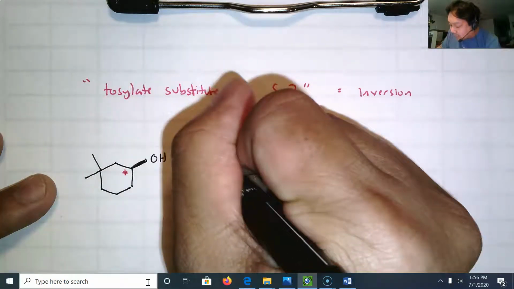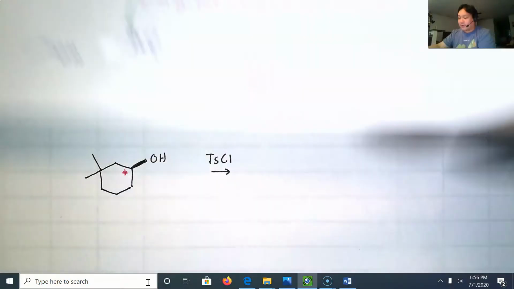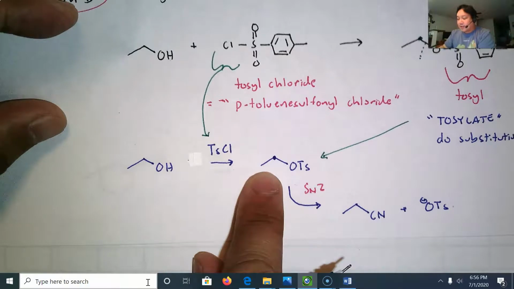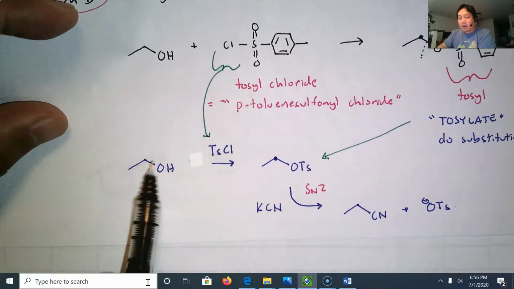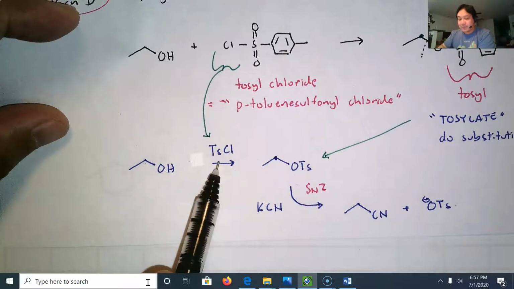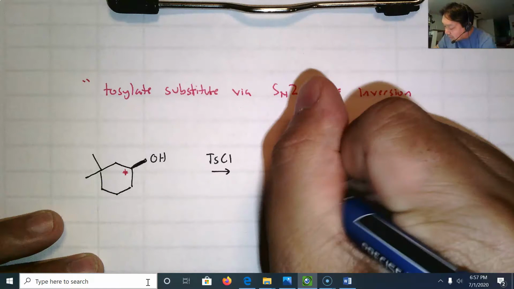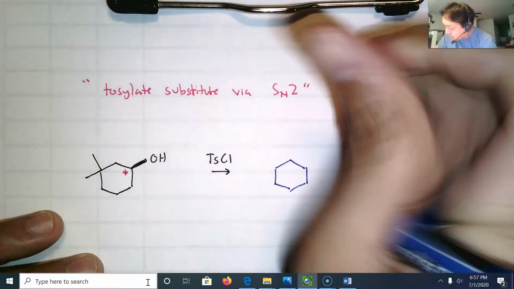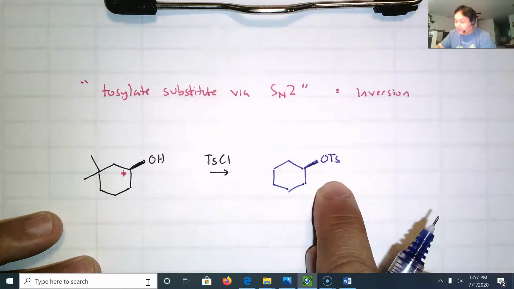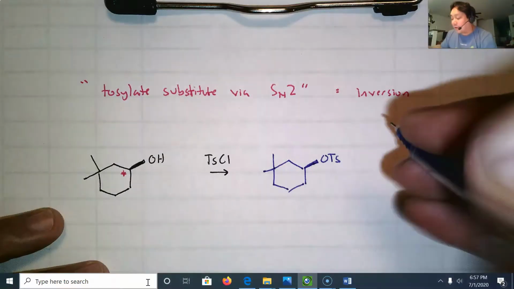When you do your tosylation, you're not doing any reaction at the carbon. You're only changing that H to a tosyl group. So the stereochemistry stays the same, and you make it a tosylate. The next step is when you do the inversion.